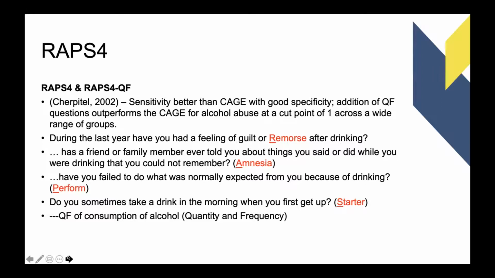Starter. And the QF, the consumption of alcohol, that includes the quantity and frequency. So how much and how often is this happening? For example, in the last year, have you had 5 or more drinks on at least one occasion? Quantity. During the last year, do you drink as often as once a month? Looking at the frequency.